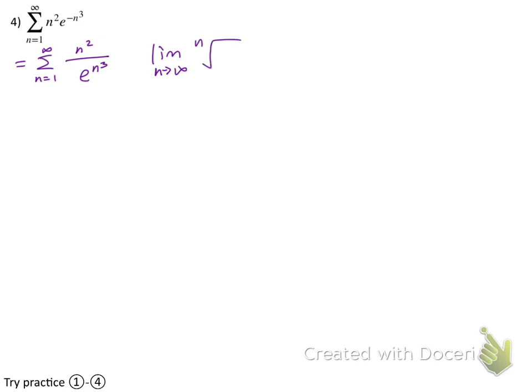So take the nth root. This will be the limit as n approaches infinity, nth root of n squared on top over e to the n to the third power on the bottom.